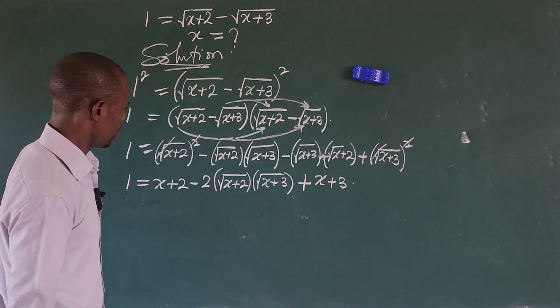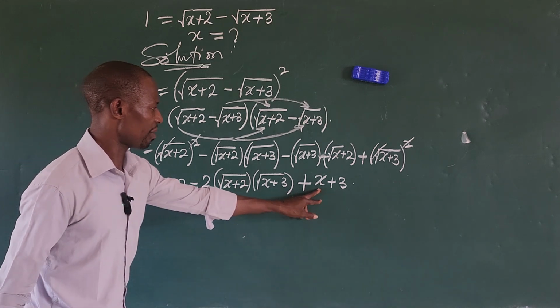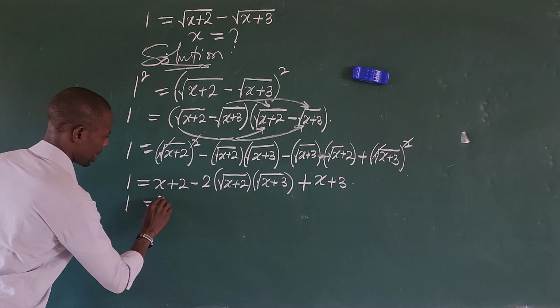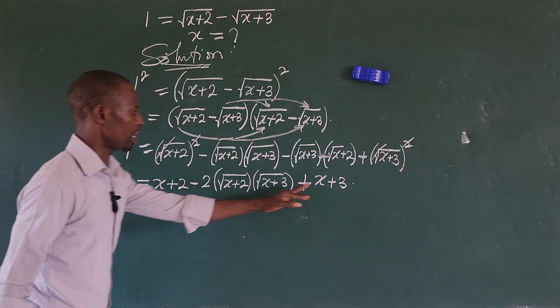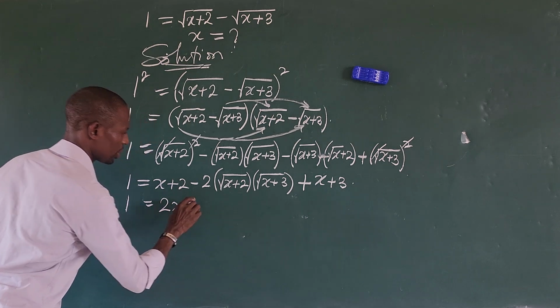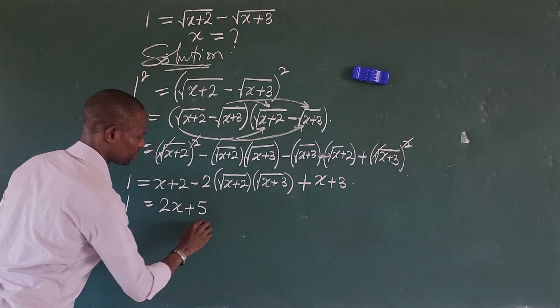Easy. So from here you discover that we have x here and x here, so automatically this is going to give us 2x. There we have plus 3, we have plus 2, so we have plus 5.